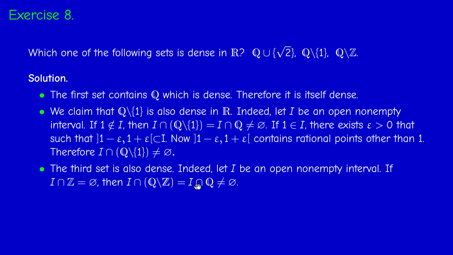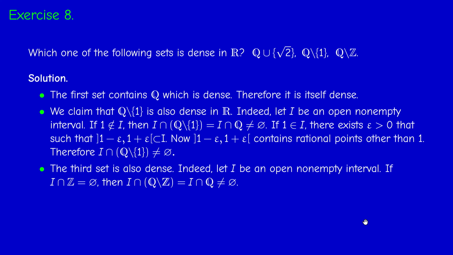But if X is in I, it's not an integer, because the intersection is empty. So X is not an integer, and therefore it's irrational but not an integer. So double inclusion, and this is not empty because Q is dense.